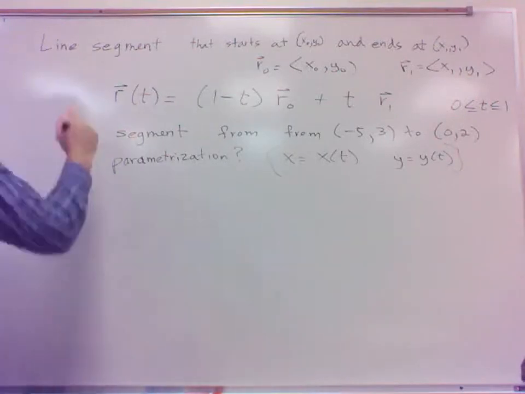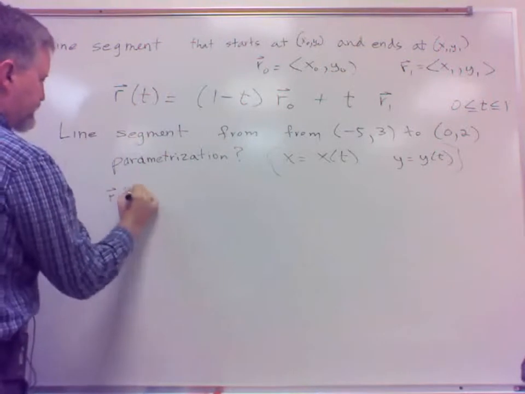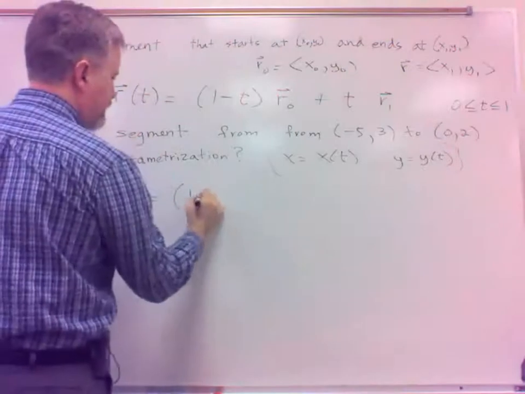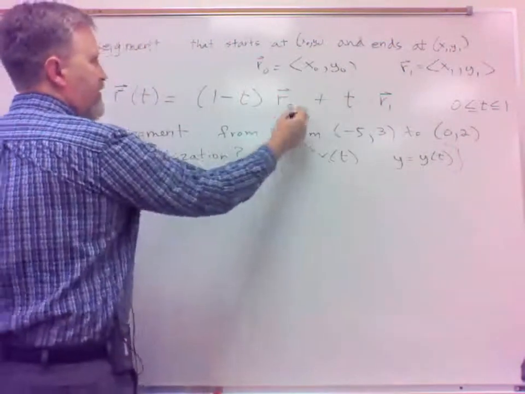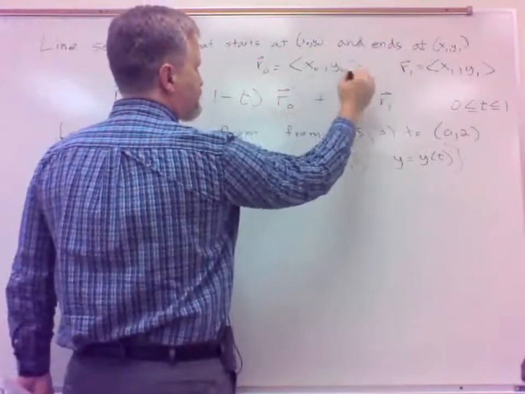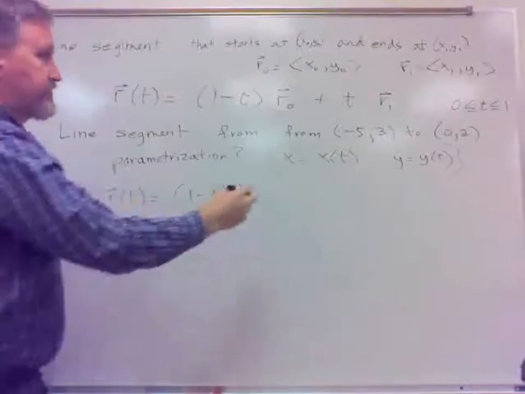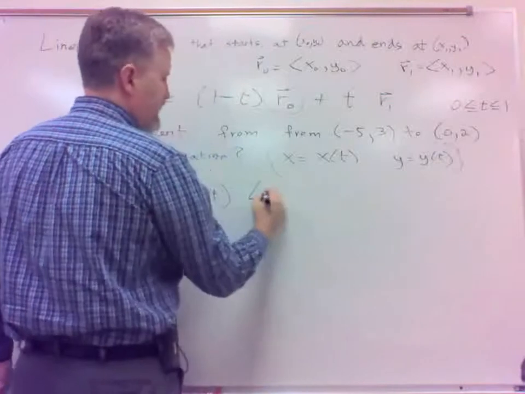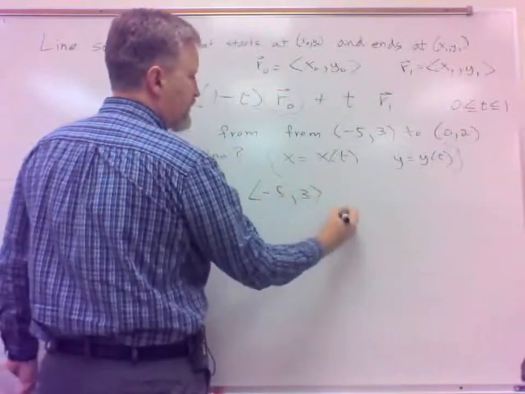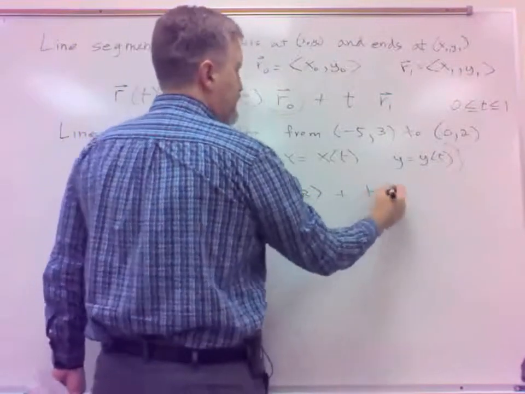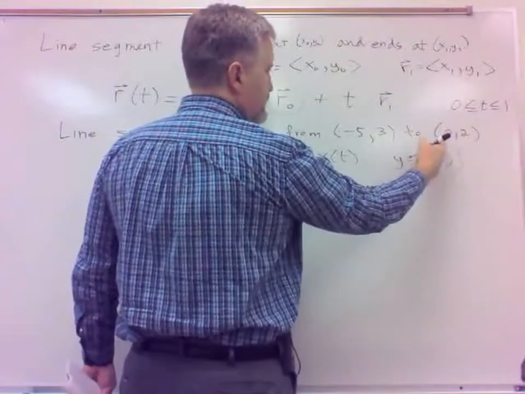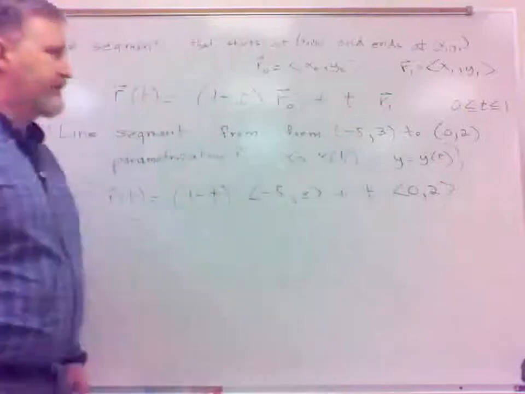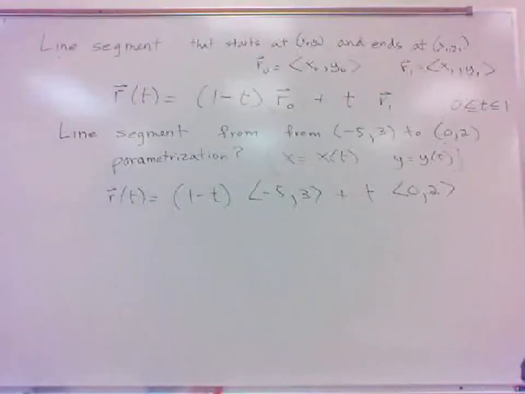So in this case, our parameterization vector would be 1 minus t times, and again, the R0 is just the vector x0, y0, so our R0 is just going to be negative 5, 3, plus t times R1, which is just the vector with that as our endpoint.